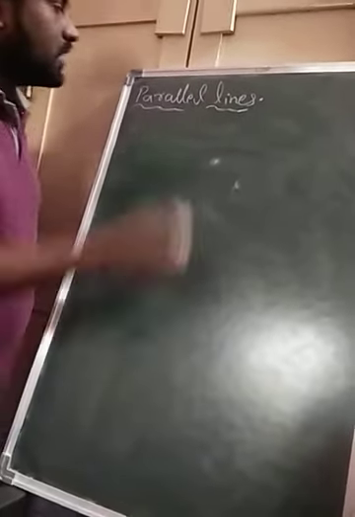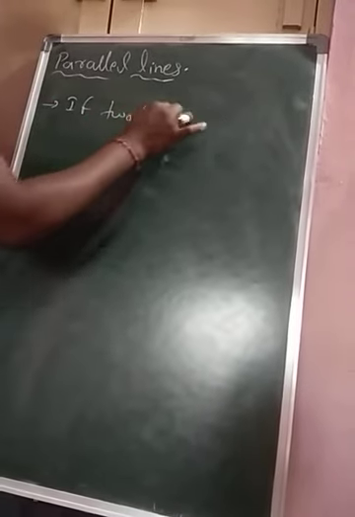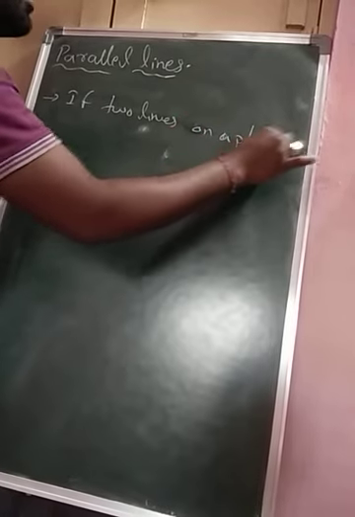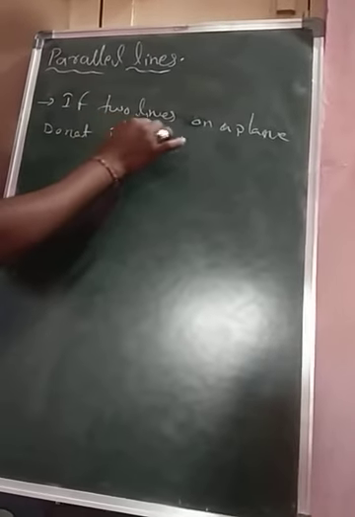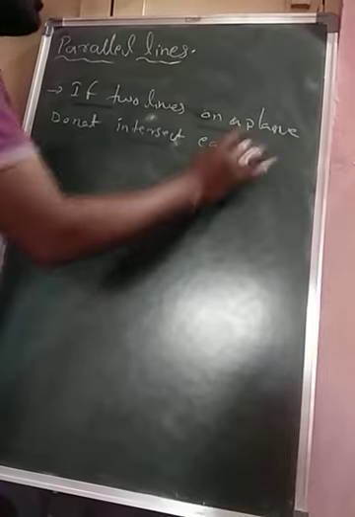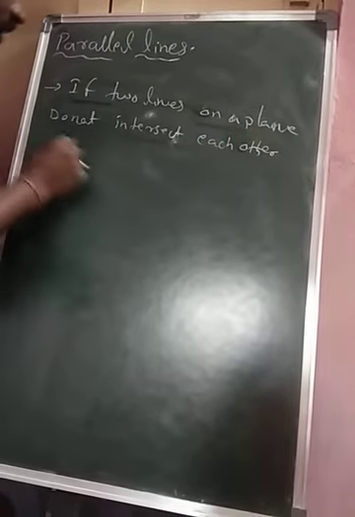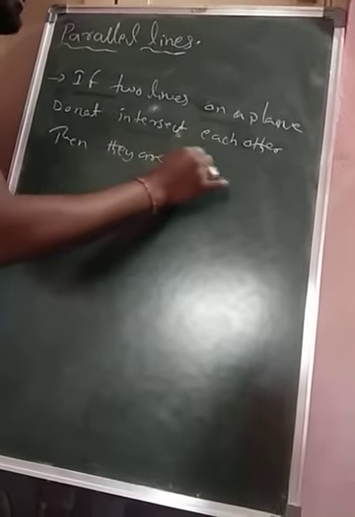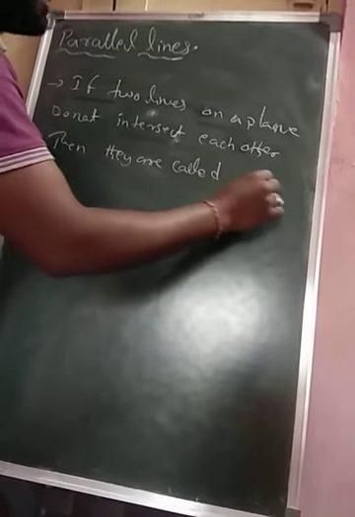Okay, students. Next one is parallel lines. Parallel lines means if two lines on a plane do not intersect each other, they are called parallel lines.